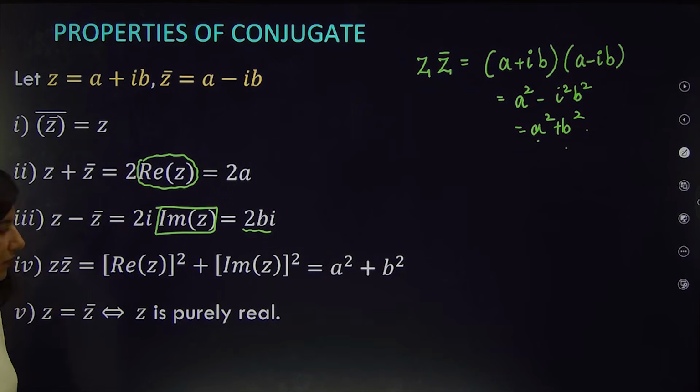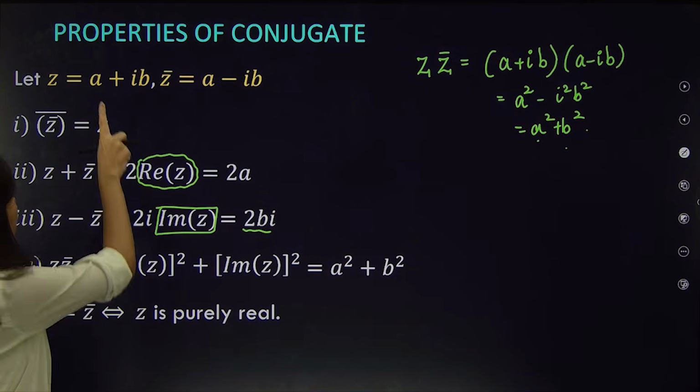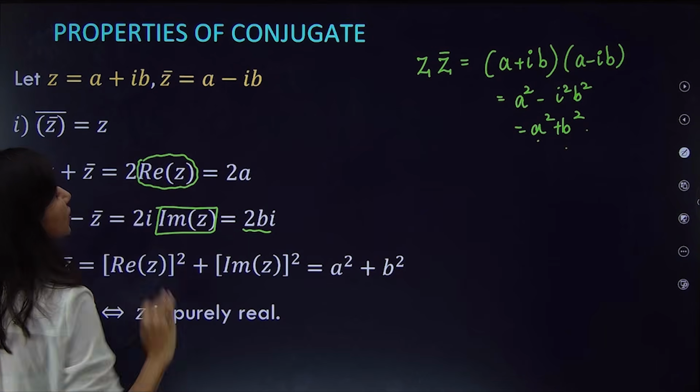Okay. All right. Now next property, very important, important alert. When z and z bar become equal, a cancels, that means b should be 0.